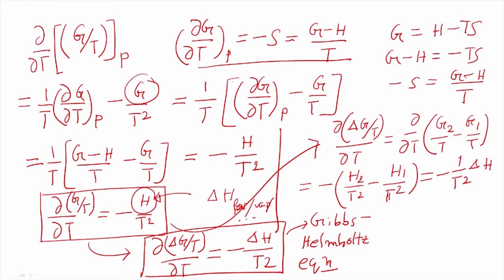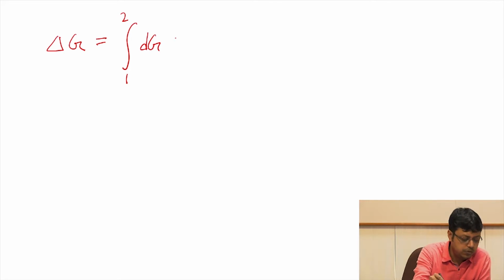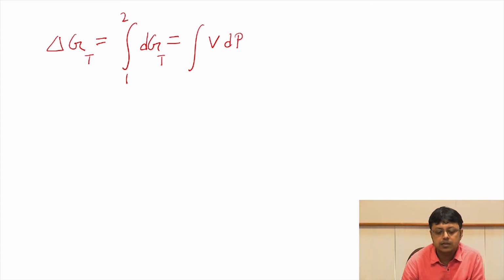Now let us discuss why the curves of G versus P or G versus T looked like the way we drew. Remember, for a finite change, which is delta G, G is a state function, so dG between state 1 and 2, for a constant temperature process, will be nothing but V dP, because dG was V dP minus S dT.